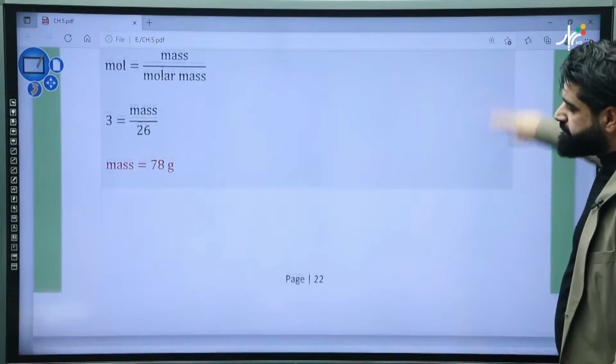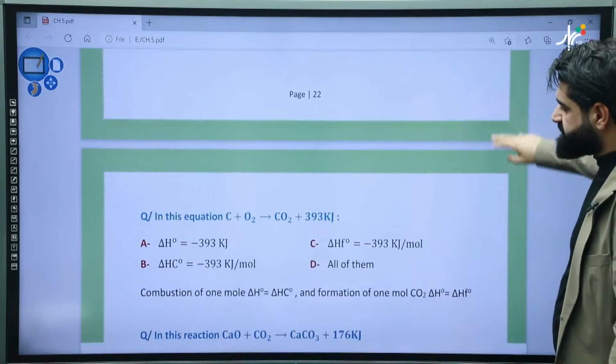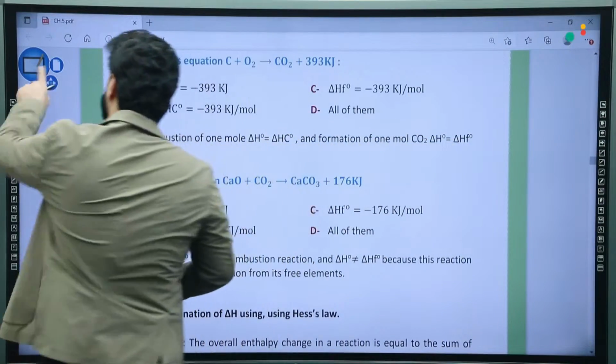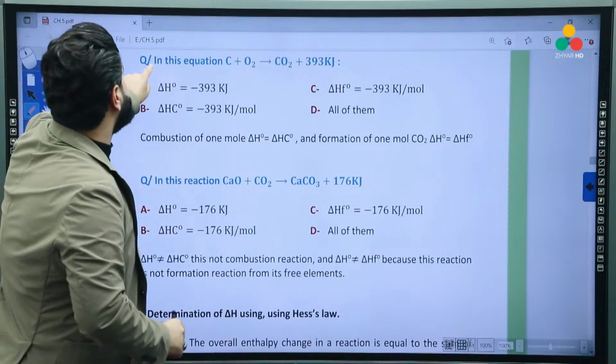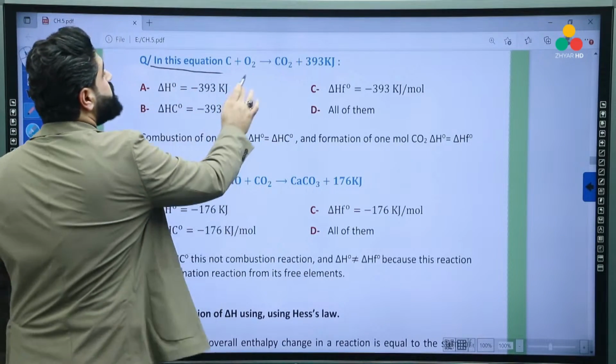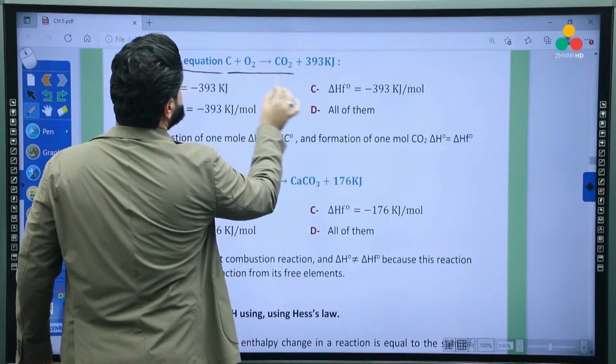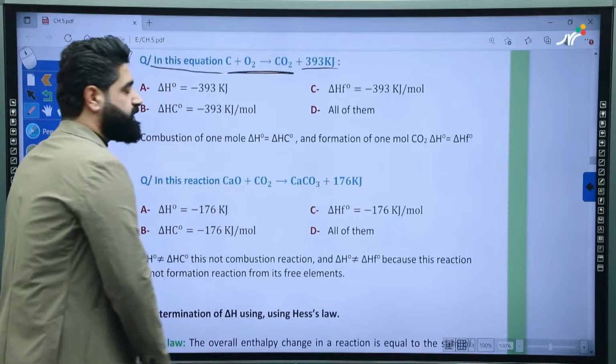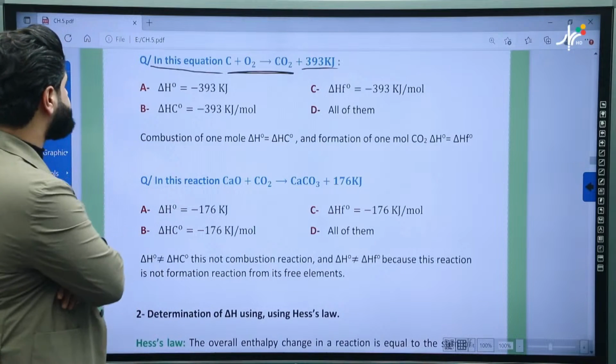So we have some multiple choice questions. Let's solve them like this. It's very important, my dear students. Look, in this equation, carbon plus O2 producing CO2 plus 393 kilojoules.